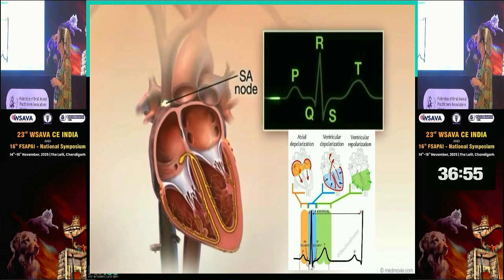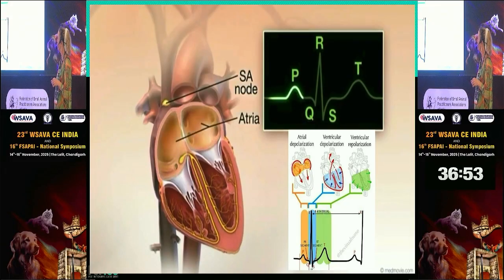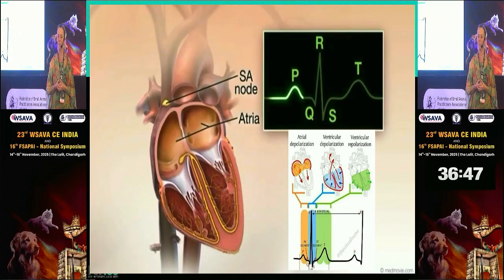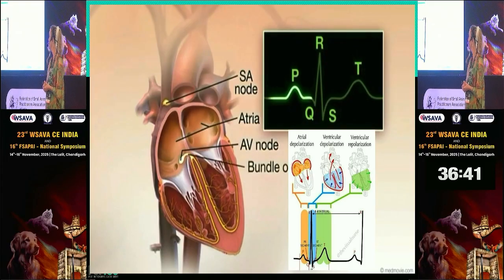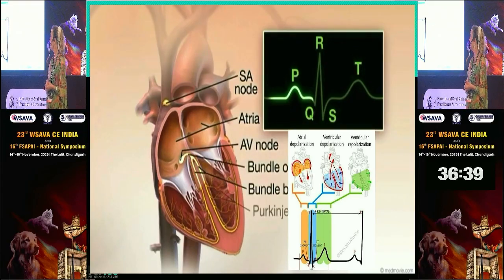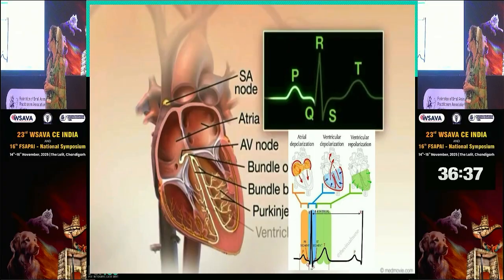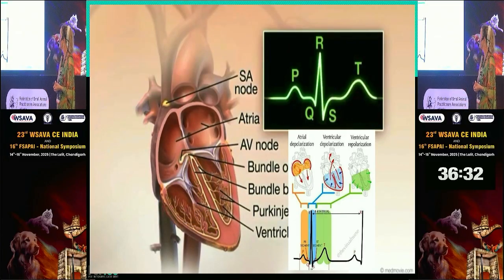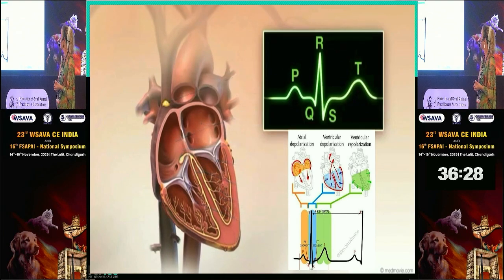This signal spreads through the atria, or upper chambers of the heart, causing them to contract. Electrical activity in the atria is seen on the ECG as the P wave. The signal then reaches the AV node, which transmits the electrical signal that continues through the bundle of His, the bundle branches, and the Purkinje fibers. This causes the ventricles, the lower chambers of the heart, to contract. Electrical activity in the ventricles is seen as the QRS and the T wave.